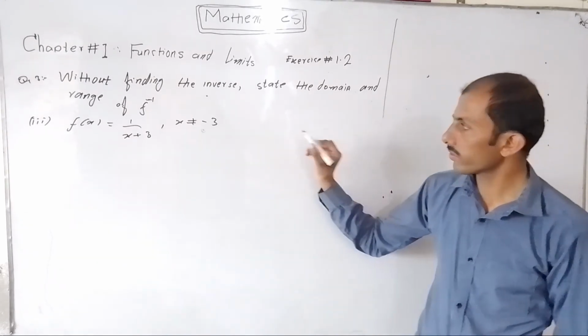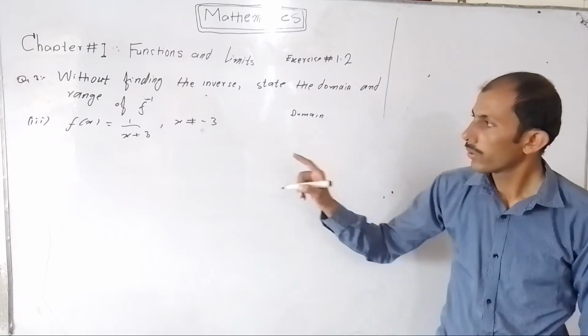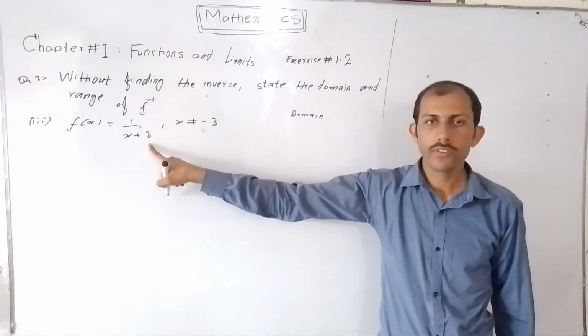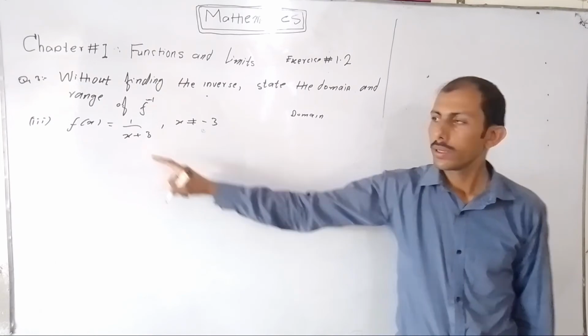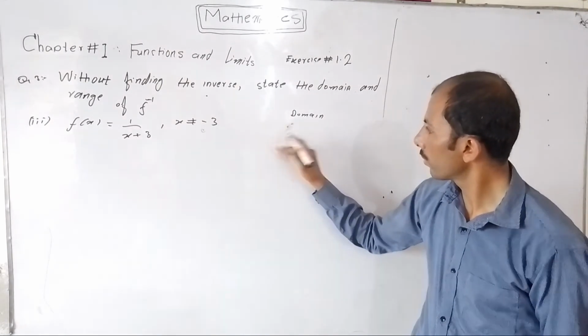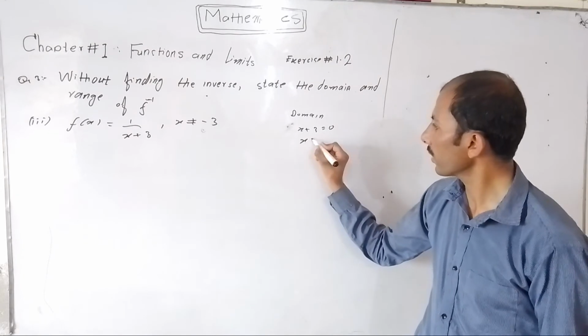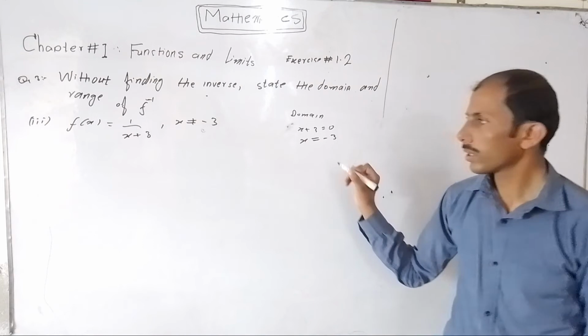First of all, in case of domain, denominator function x plus 3 is equal to 0. x is equal to minus 3.